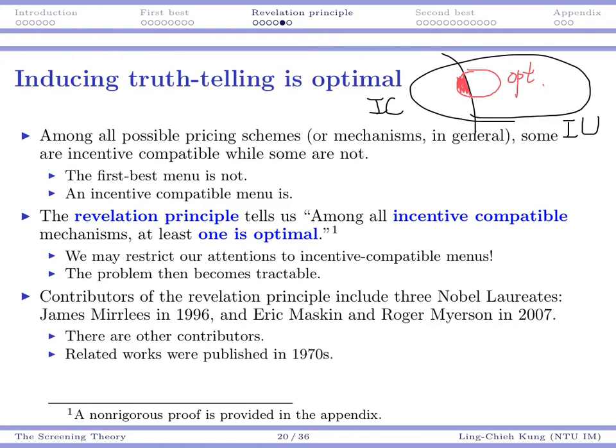So they established the field of information economics by providing a framework for analyzing screening problems, and to highlight their contributions, they were awarded the Nobel Prize in economic science. So that's some related background. So you can see that the screening theory, or the theory about information economics, is really something important in economics.